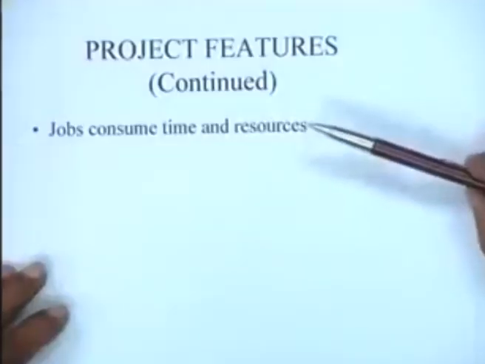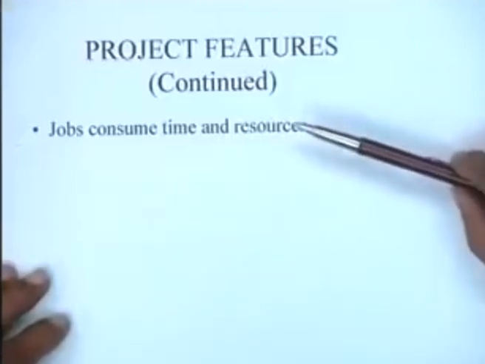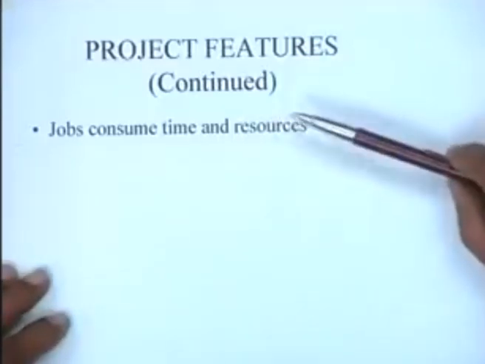If you have to control your costs and your durations, and meet the deadlines, then you have to make sure that the individual jobs are done as well as possible. It's like saying if you want a very good CGPA in your degree, you must try to do well in all the courses, because the courses are the constituents of the degree. In the same way, the jobs are the constituents of the project.